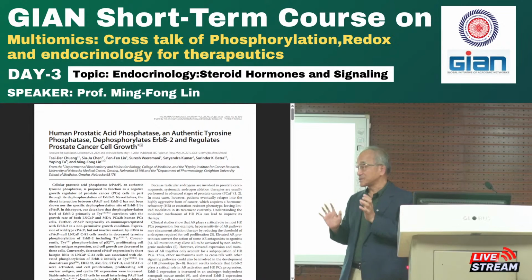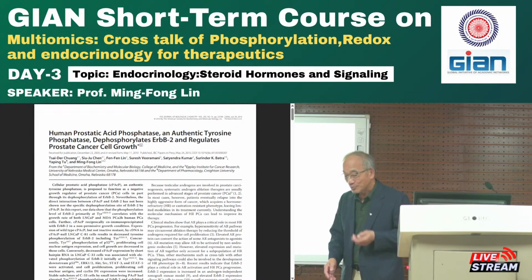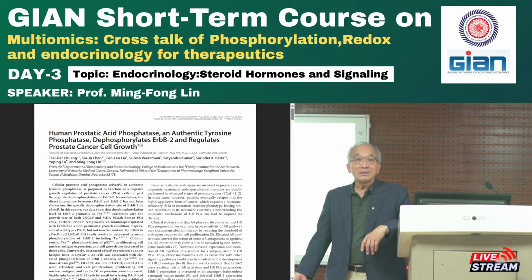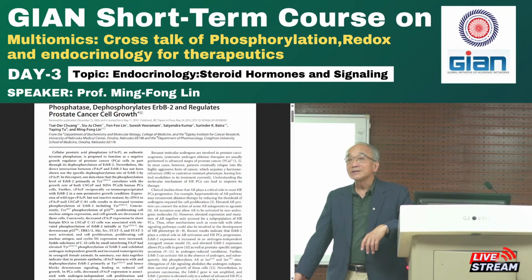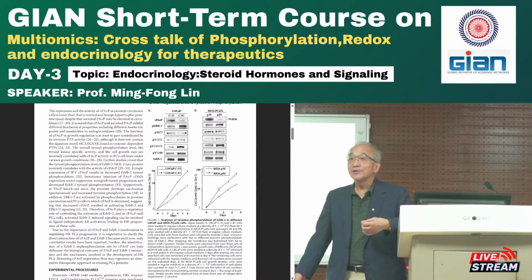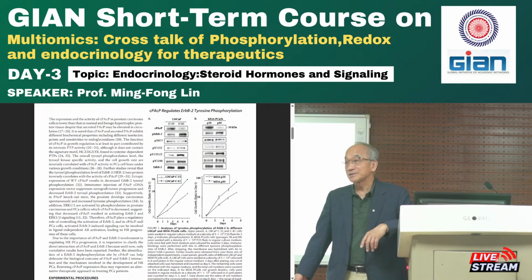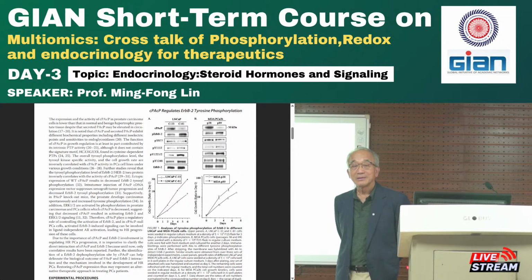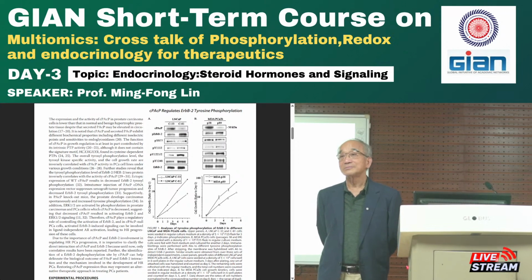But then the problem, which just came to my mind, is a question I was asked before: if ERB2 is involved, can we use Herceptin targeting ERB2 to inhibit prostate cancer cells? How do you think? Can we use Herceptin? Actually, it's an ERB2 binding antibody.